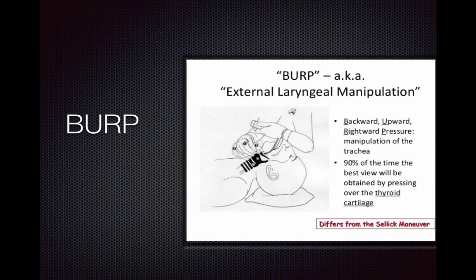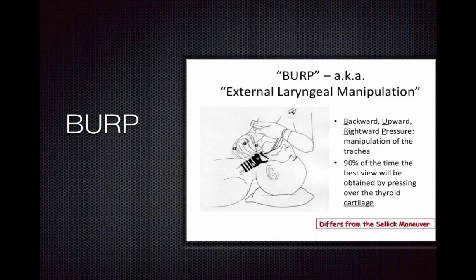All right, so as you'll see on the photo here, it's BURP, also known as external laryngeal manipulation. The difference is the way I typically present BURP is through the use of an assistant, with the intubator having their right hand free, using the laryngoscope to visualize, and the backward, upward, rightward pressure, which is all in relation to the patient.